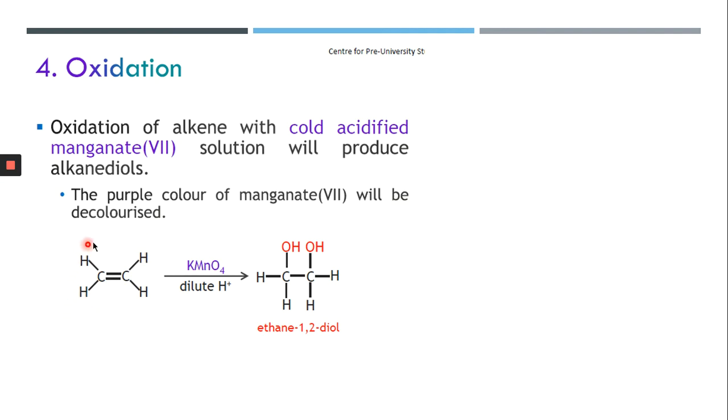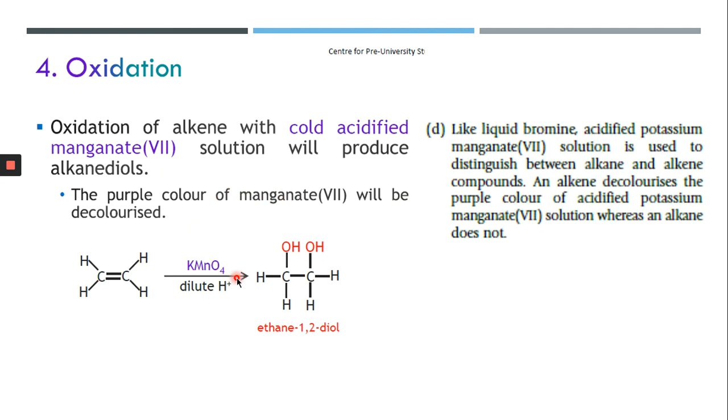Ethene will be oxidized to form alcohol with the presence of potassium manganate(VII). And then the purple colour of manganate(VII) will be decolorized. That is the second test. Apart from bromination, this is also a test to detect whether it is an alkane or alkene.